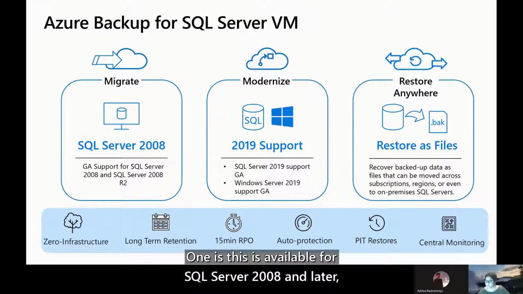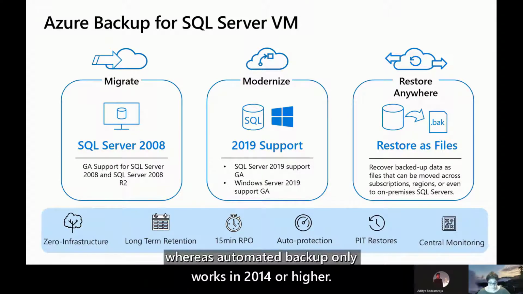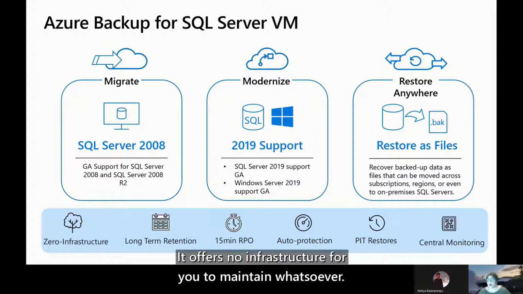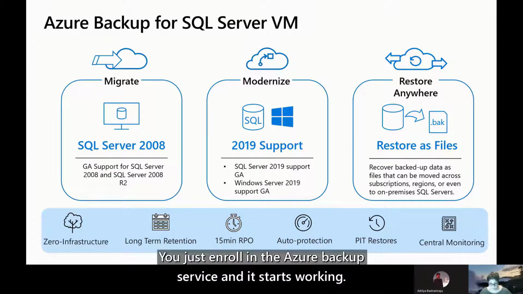So one is this is available for SQL Server 2008 and later, whereas automated backup only works in 2014 or higher. This also supports up through SQL Server 2019. It offers no infrastructure for you to maintain whatsoever. You just enroll in the Azure Backup service and it starts working.